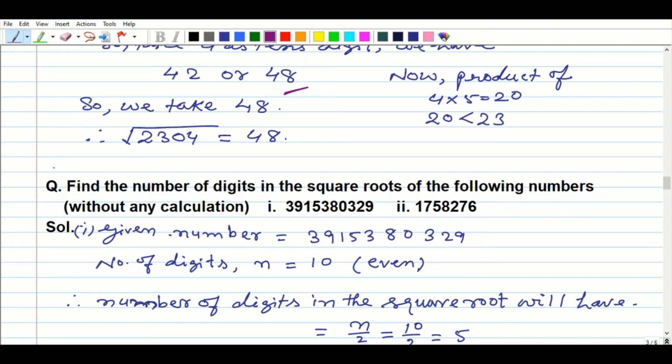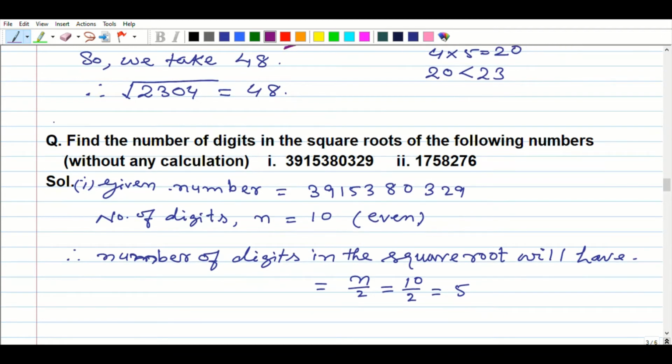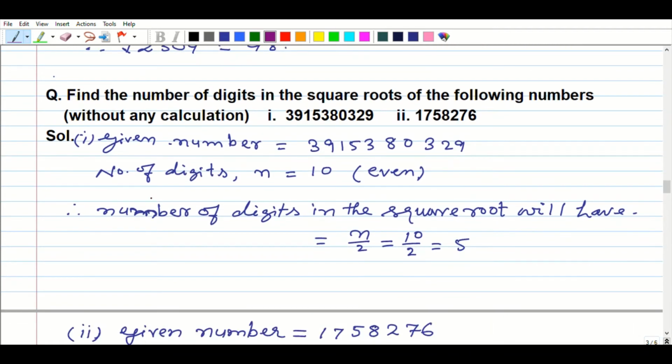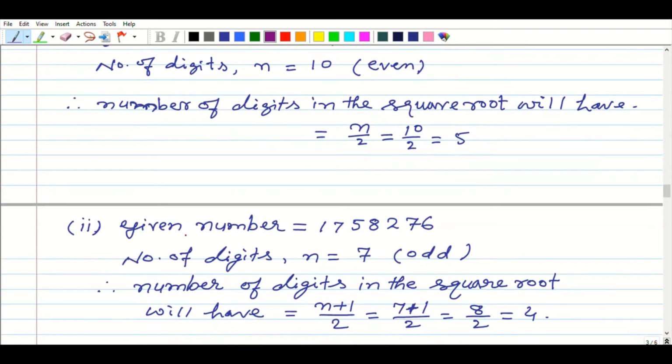So I have written here two numbers, one with an even and one with an odd number of digits. So the number of digits in the square root will be 5. For an odd number, n equal to 7, the number of digits in the square root will be (n plus 1) by 2, that is 4.